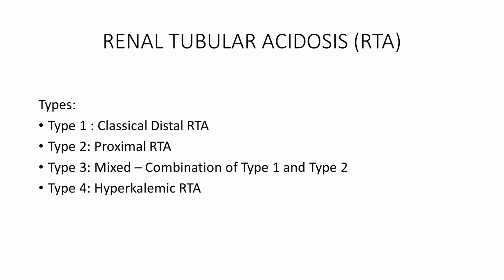And type 4 is hyperkalemic renal tubular acidosis. This is also a distal renal tubular acidosis. So classical distal renal tubular acidosis, proximal renal tubular acidosis, just ignore type 3, which is a combination of 1 and 2. And type 4 is again hyperkalemic distal renal tubular acidosis.